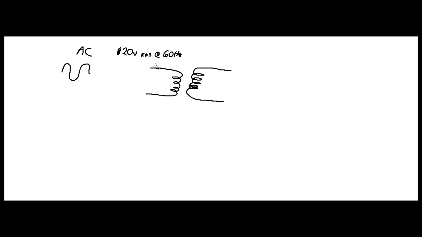So if your 120 volts was coming in here, this would be your primary side. Now how I'm drawing it, it's from left to right, okay? I've never seen it right to left, but you could see it like that, all right? And this is your secondary. All right?